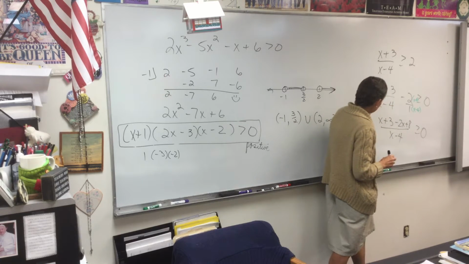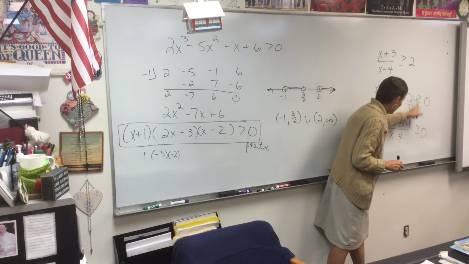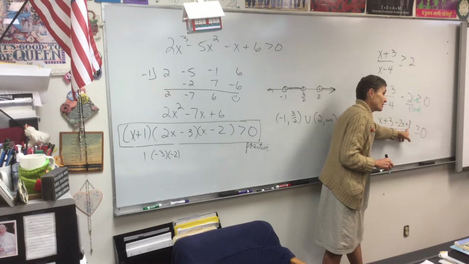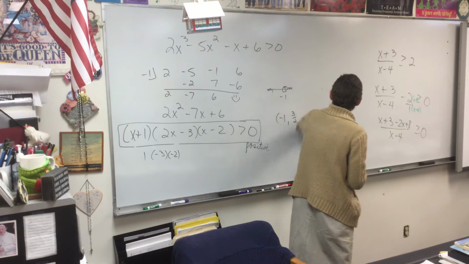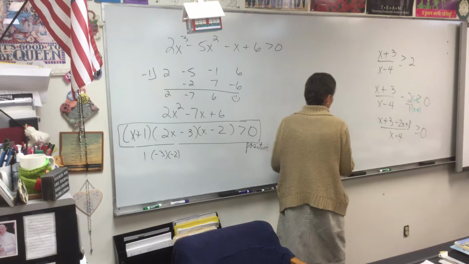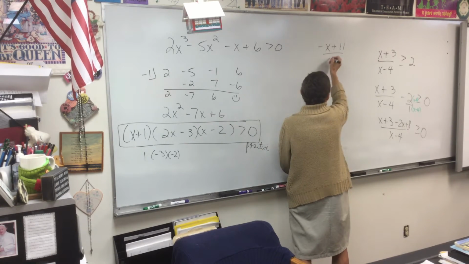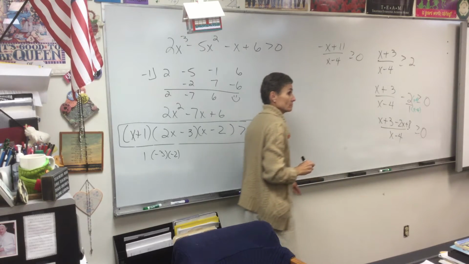And then I'm saying, okay, that leaves me with x plus 3 minus 2x plus 8. There's another mistake right there just waiting to happen. So what is that numerator then? If we clean all that up, what would that numerator be? Negative x plus 11 over x minus 4 greater than or equal to 0?